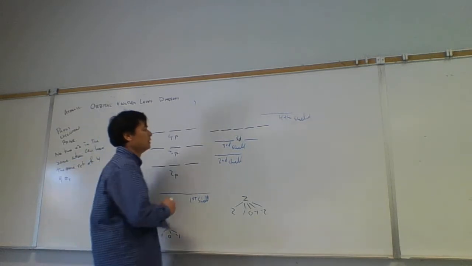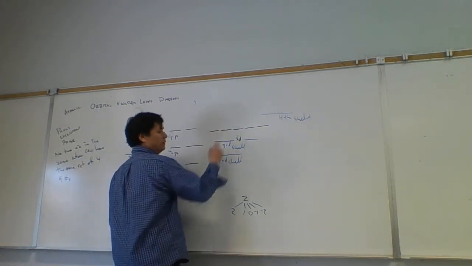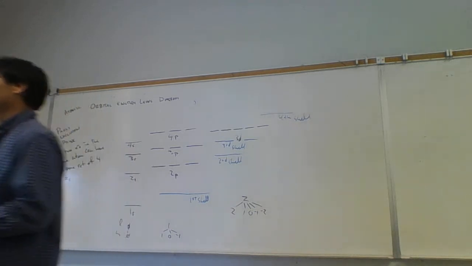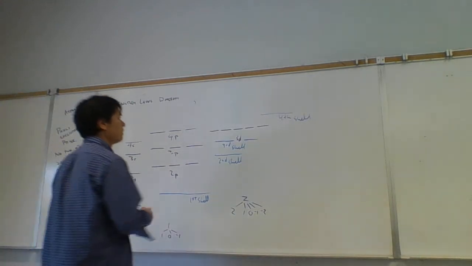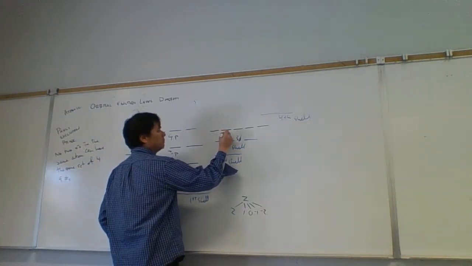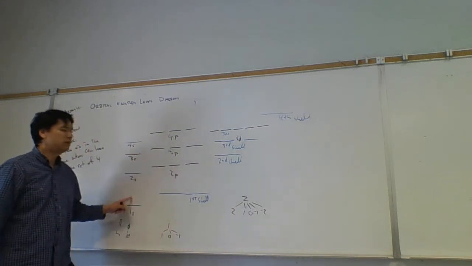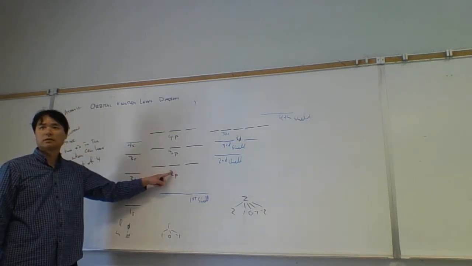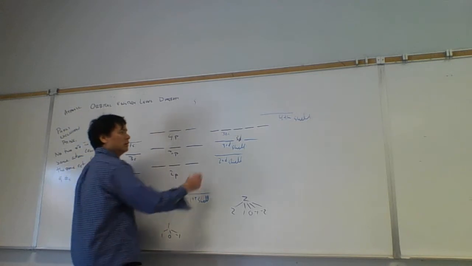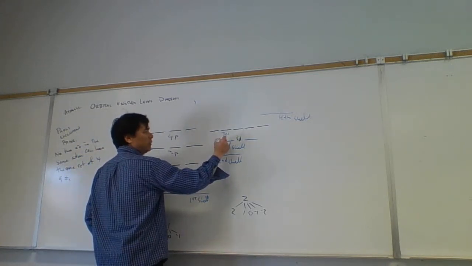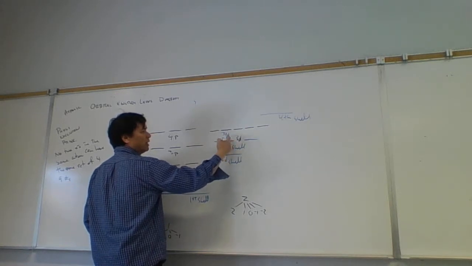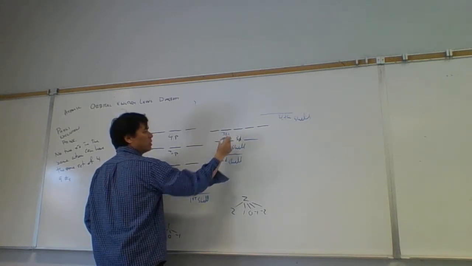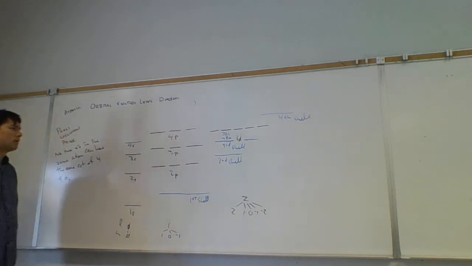That's correct. This one would be a 3, 2, 1 orbital. Each orbital has a unique address based on n, which is 3, L, which is 2, where L equals 2 is a d orbital, and m, which is 1. It's a 3, 2, 1 orbital.